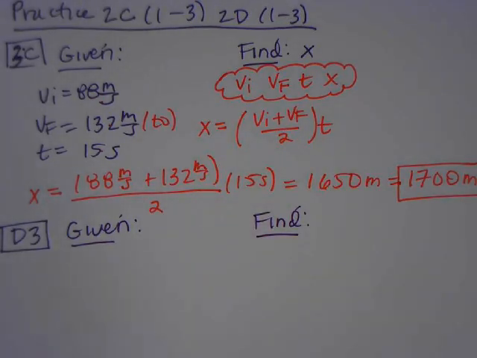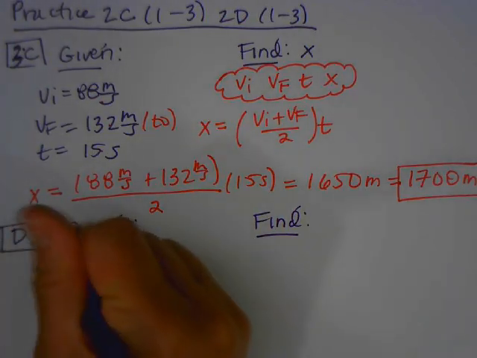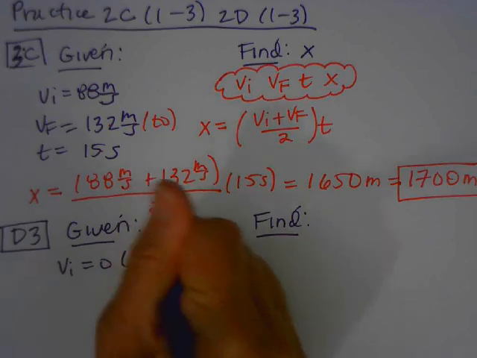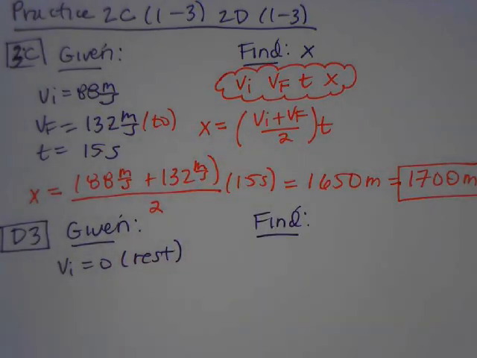All right, it says the Tokyo Express is uniformly accelerated from rest. Remember, from rest means the initial velocity is 0. To 1 meter per second squared.